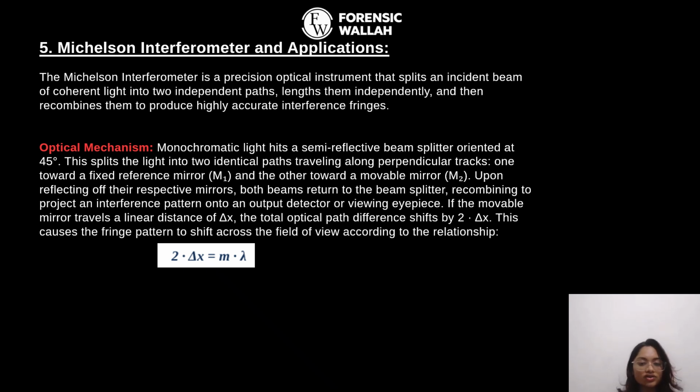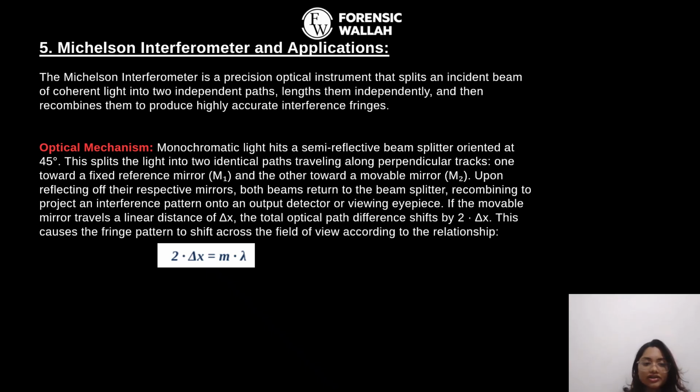One beam travels toward a fixed reference mirror designated as M1, while the other travels toward the movable mirror designated as M2. Upon reflecting off their respective mirrors, both beams return to the beam splitter, where they recombine and project an interference pattern into an output detector or viewing piece. Now, pay close attention to the physics here, because the light must travel to the movable mirror and back.